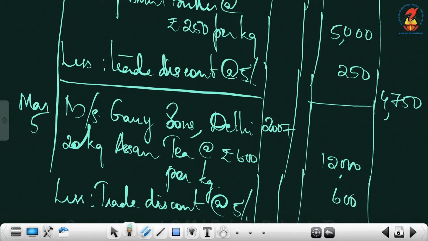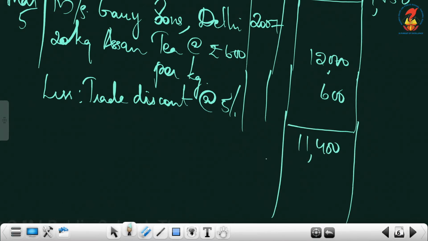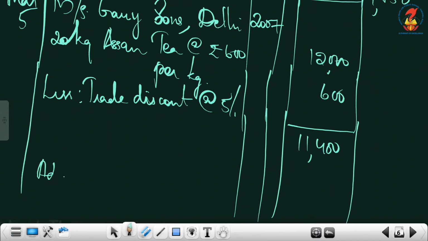The balance you can't write in amount column, we have something to be added. So write in the details column itself. Then we'll add freight and packing charges.